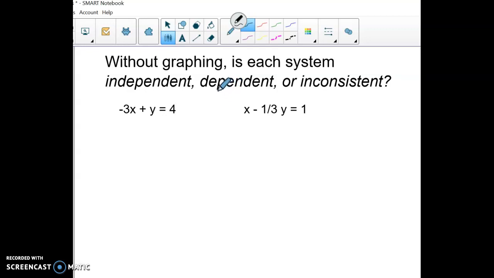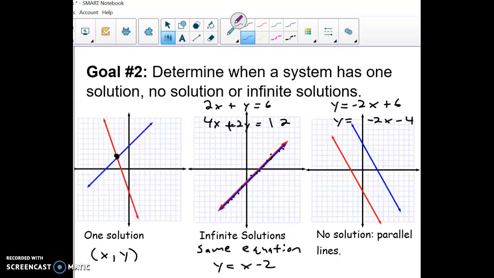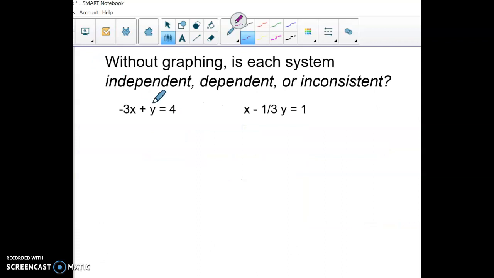So pause the video, see if you can figure this out. All right, so the trick is we want to get y alone, right? Because if y is alone, then we'll be able to see if it's a parallel line or maybe it's the same equation or something. So I'm going to add 3x on this one. So we have 4 plus 3x.